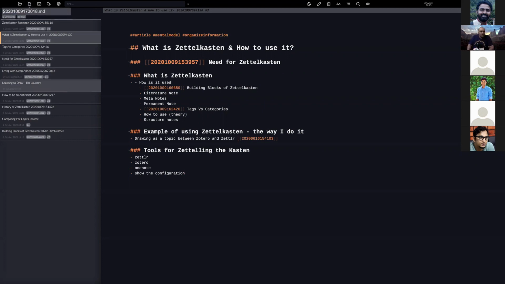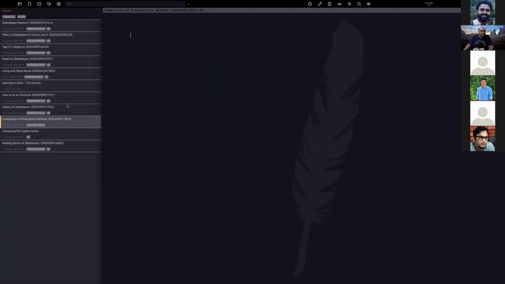We just call this comparison of productivity methods. Okay, cool. Now let's say, my mind is not working now, but let's say productivity methods, hashtag comparing mental models.